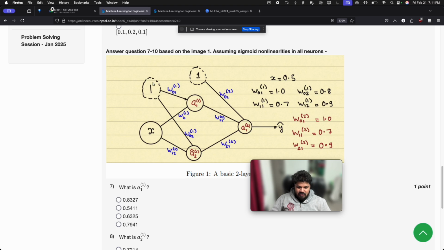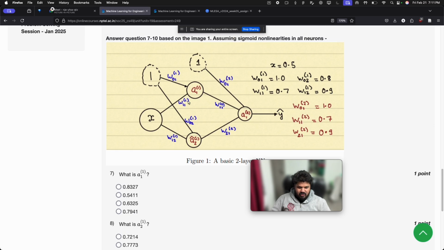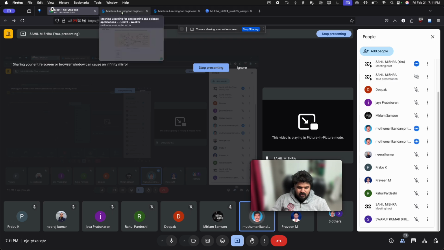I think this is x1 or whatever it is. What is it? Okay, whatever it is. Sorry, yeah.